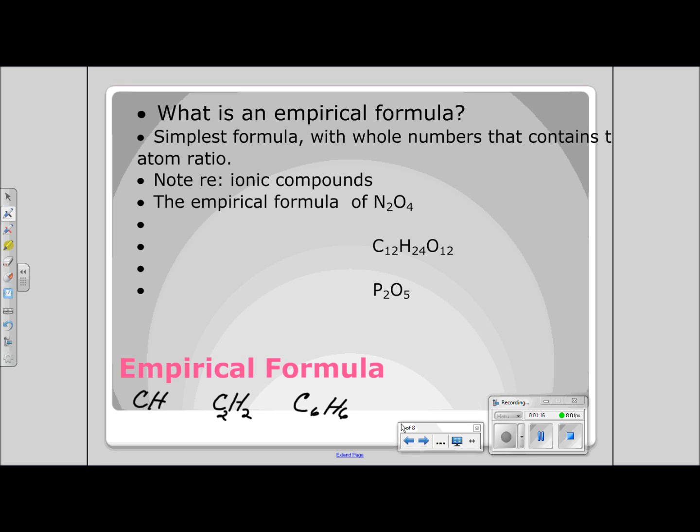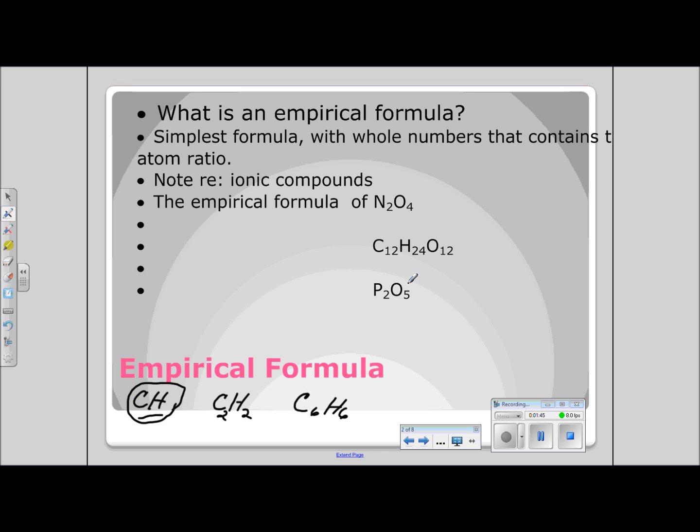They each have the same ratio. They each have a 1-to-1 ratio of carbon atoms to hydrogen atoms. The formula CH is the empirical formula of all of C2H2 and C6H6. This one right here is the empirical formula.